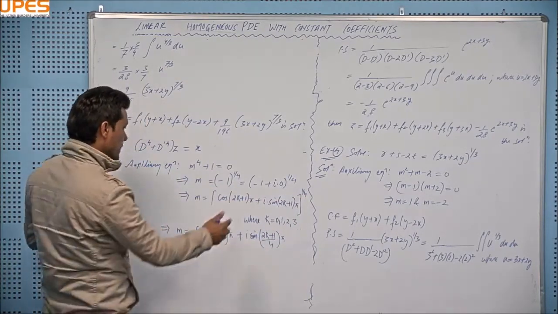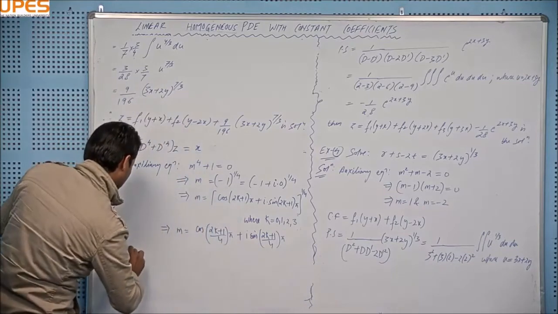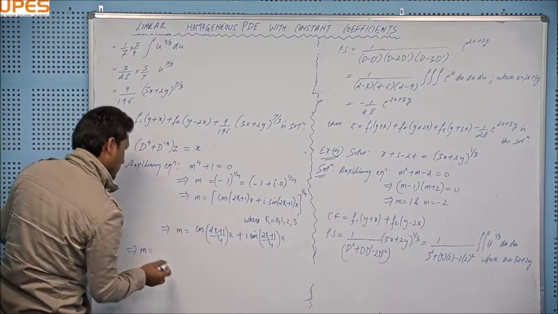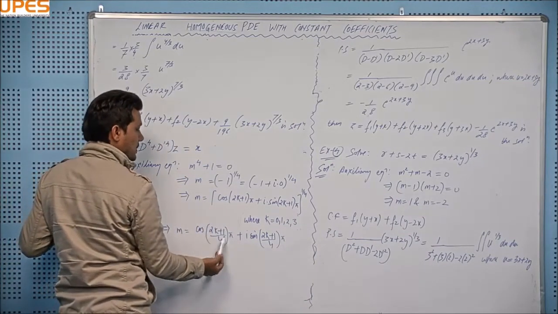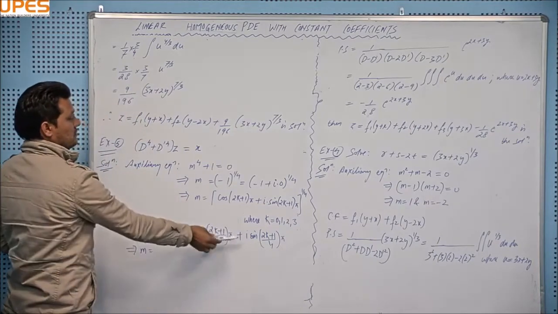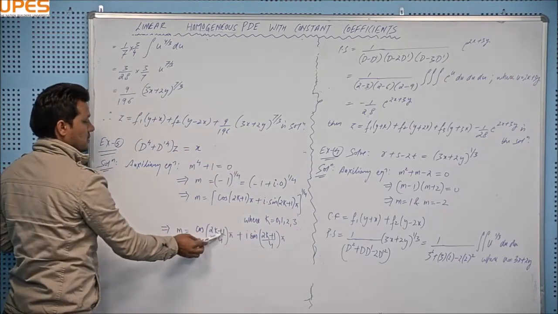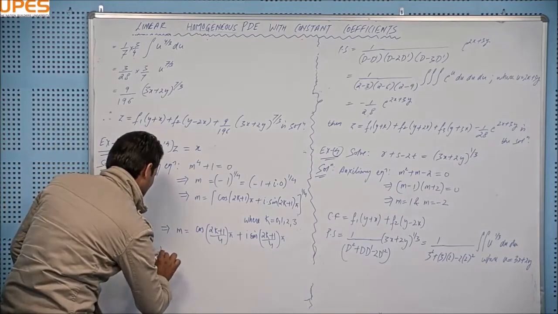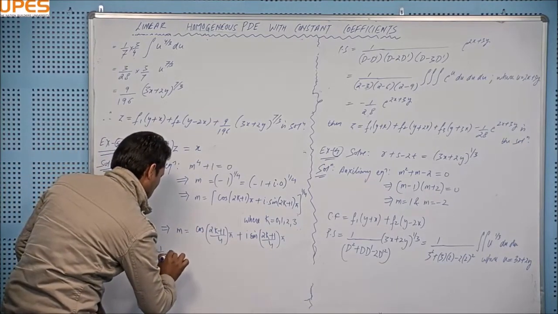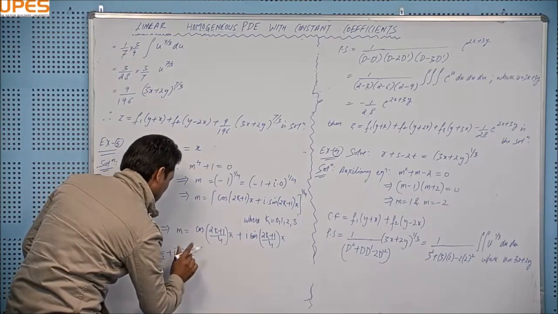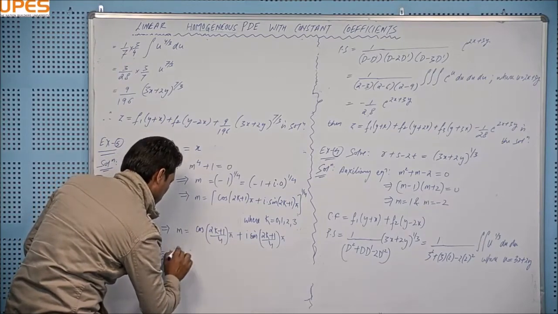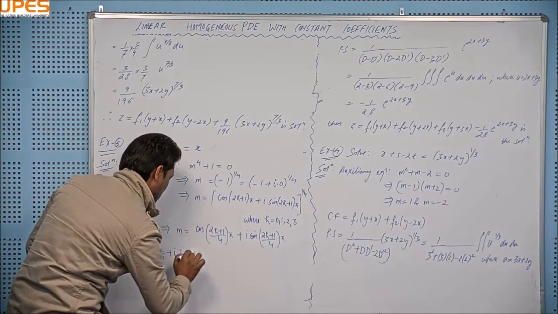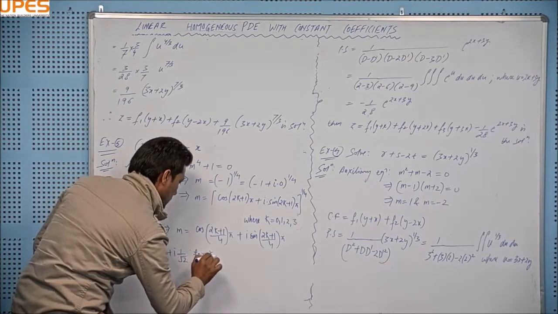Then putting k equal to these values, I will get m. Putting k equal to 0 here, I will get cos pi by 4 plus iota sin pi by 4. That will be cos pi by 4 equal to 1 by root 2, so 1 by root 2 plus iota times 1 by root 2. This is my first answer for k equal to 0.